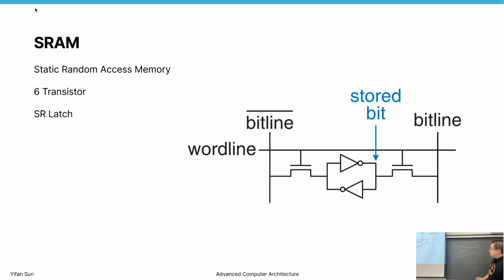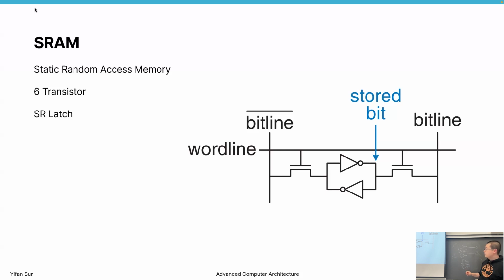So that means when S and R are both 0, in this case the word line is not selected. It's not connecting to anything, so they have no voltage. In that case, it's equivalent to this. When S and R are both 0, this SR latch is equivalent to this one.